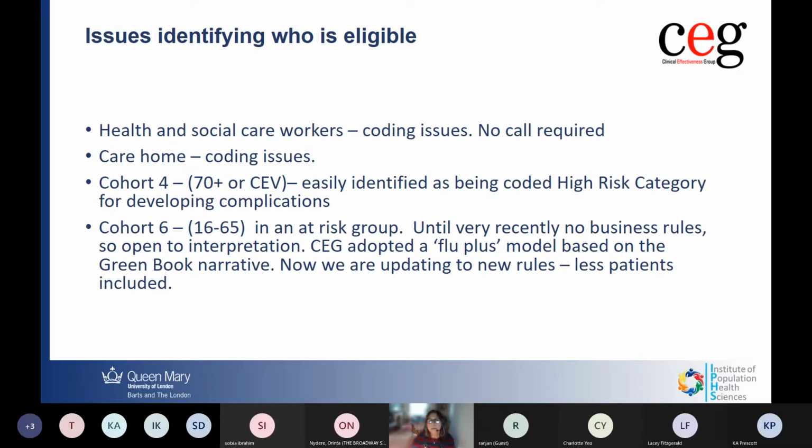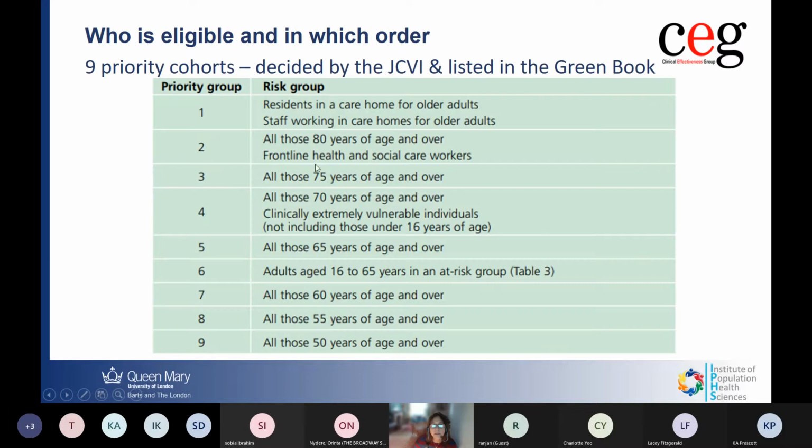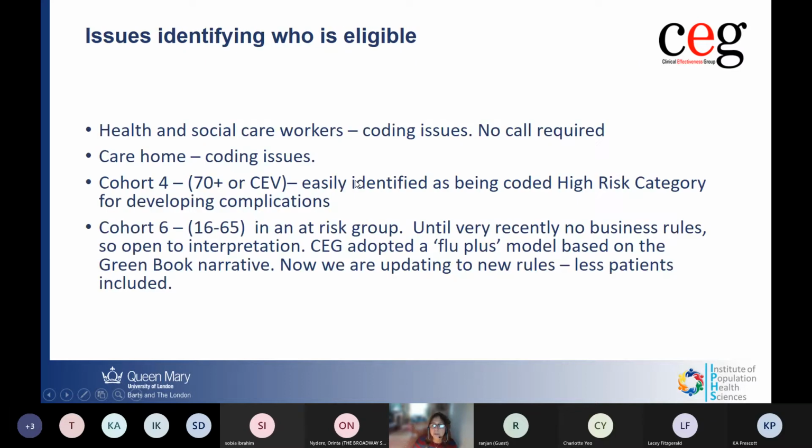I'm going to talk a little bit about some of the issues identifying who is eligible. The first issue was around the health and social care workers. You can remember this was cohort 2. So there are coding issues with this group, and what that meant was that when we looked at the clinical system, patients had been coded with an occupation code, for example, might have been coded as an optician.